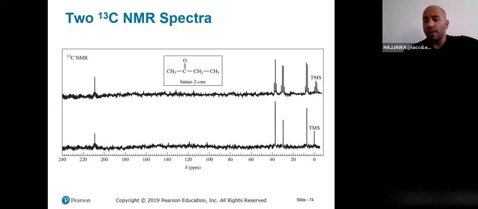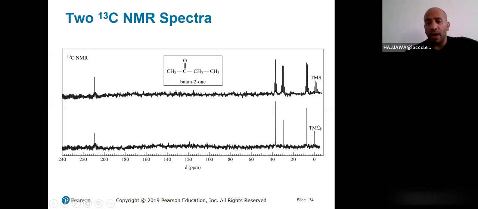And here are some more examples, so you can see the difference between the off-resonance and the regular method. The regular method will show 1, 2, 3, 4 peaks. The one furthest, around 200 ppm, is the carbonyl. The CH2 would be next to each other, and the very first carbon, the CH3, will be the one that's most upfield.